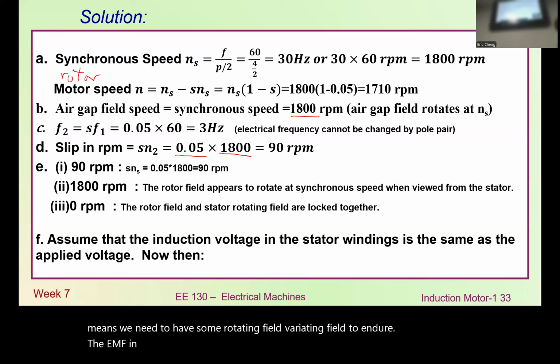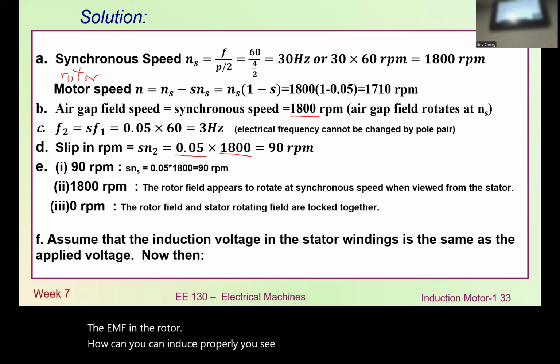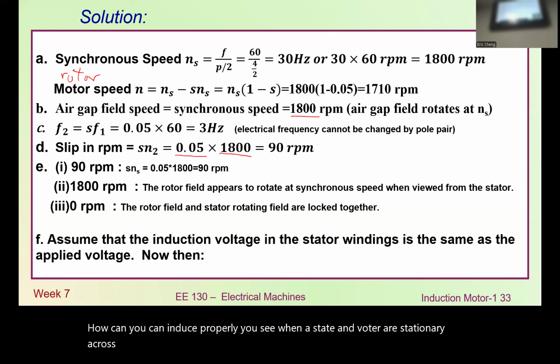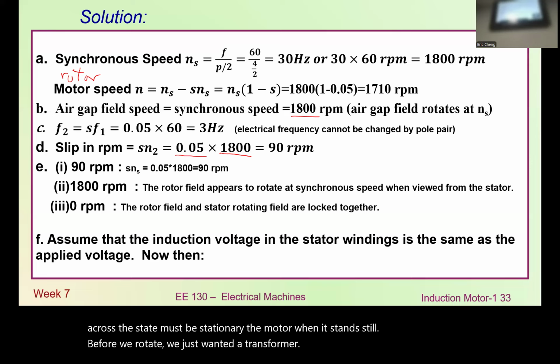How can it induce properly? When the stator and rotor are stationary, of course the stator must be stationary, and the rotor, when it stands still before we rotate it, just looks like a transformer. Then the induced voltage between them just looks like a transformer voltage.